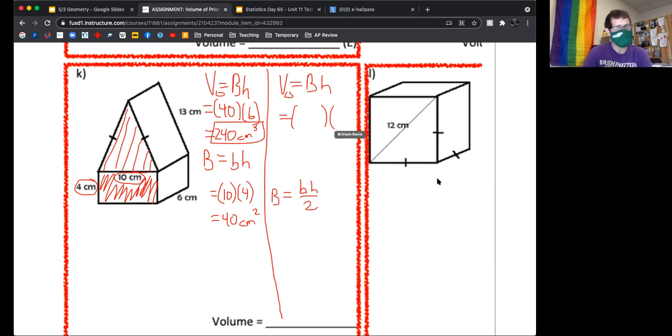But do I already know the height of my prism? What is the height of our prism? It's also 6. If I put that triangle flat on the ground, then 6 is the length that would be going up into the air, 6 centimeters.